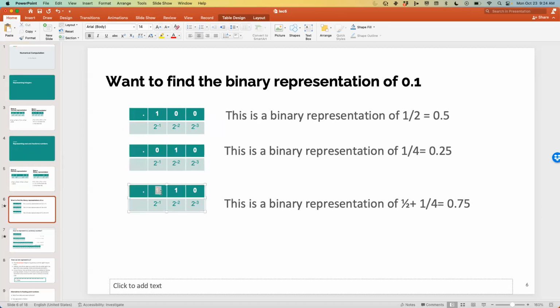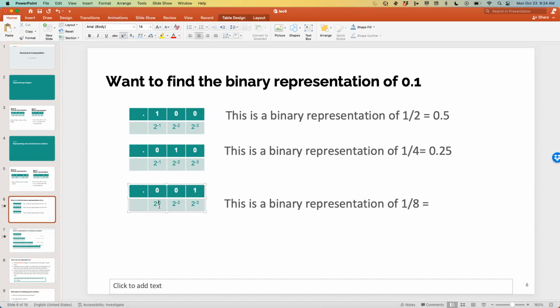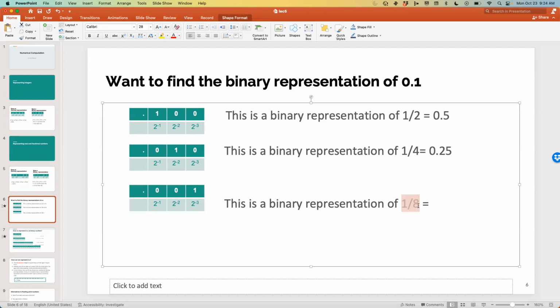Now, let's try more. This is a binary representation of 1 over 8. So it will be 0 times 2 to the power minus 1, 0 times 2 to the power minus 2, plus 1 times 2 to the power minus 3. Now 2 to the power minus 3 is 1 over 8, which is 0.125.